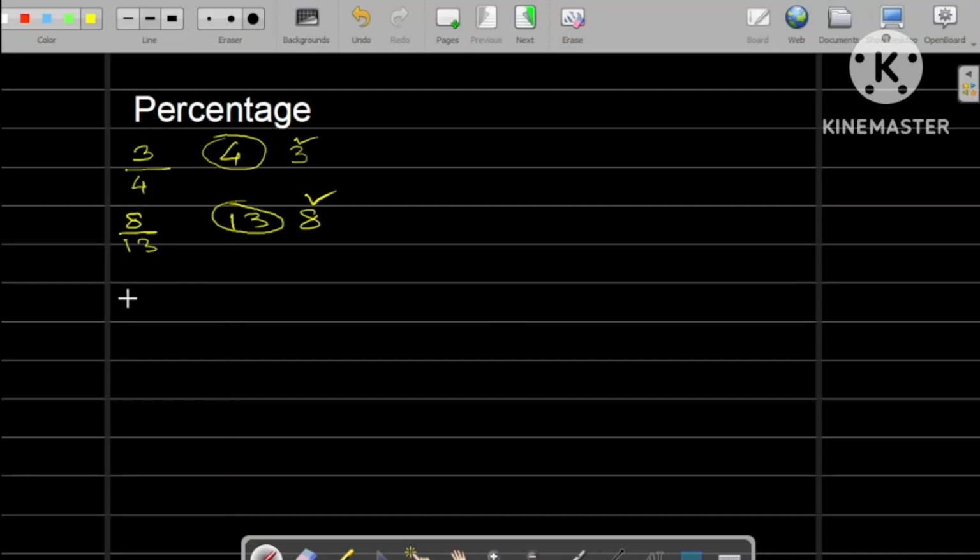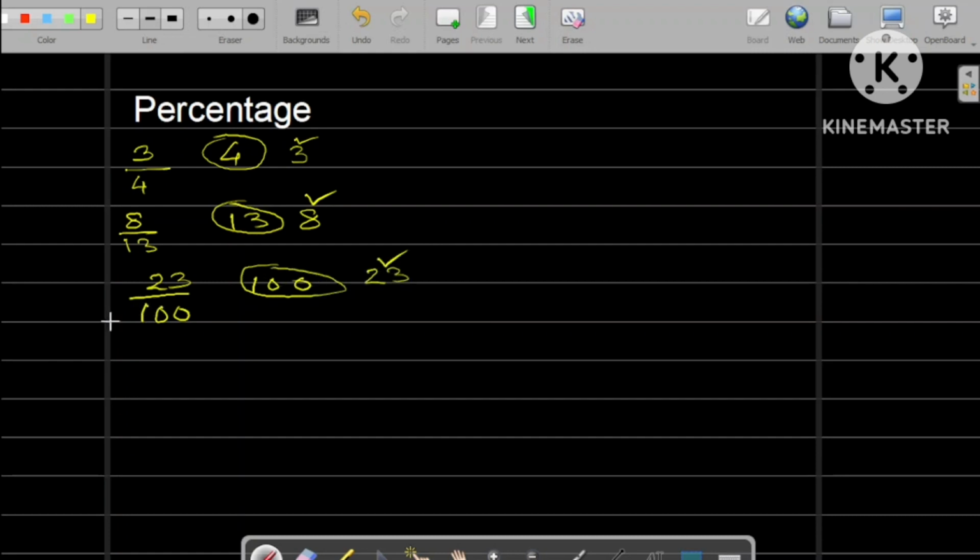Now if this denominator is constant, say 100, and out of that we have taken say 23 parts, over here what we are getting is, out of 100 equal parts we have taken 23 equal parts.